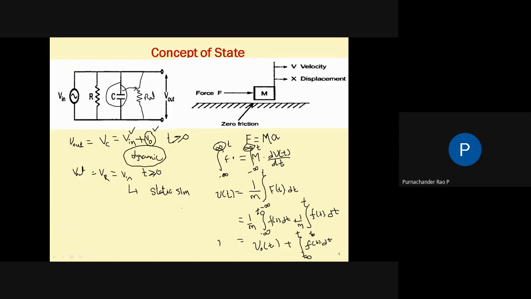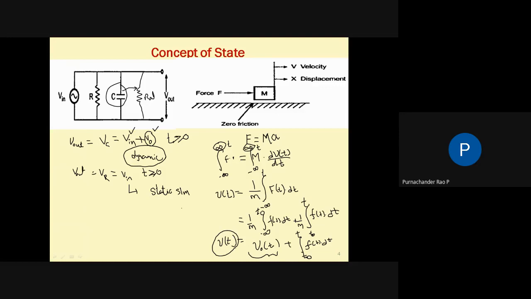Therefore the velocity of this body depends on two factors: not only on the applied force, but also on the initial velocity. This is called memory. These initial conditions are called memory, and they change the velocity of the system. That is why the complete response of any system depends on the state.